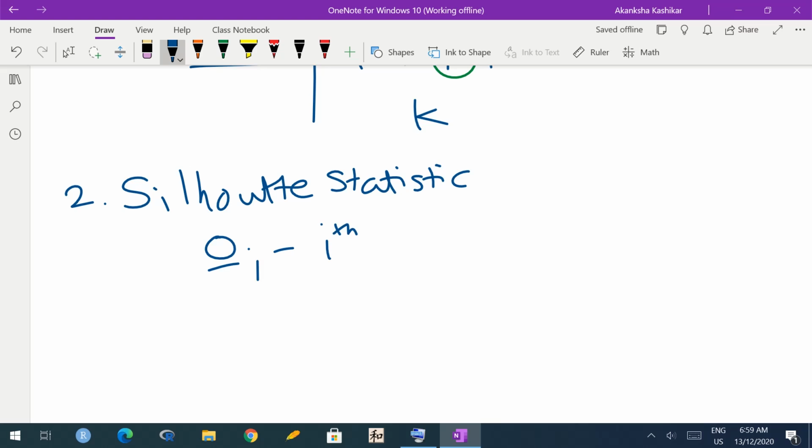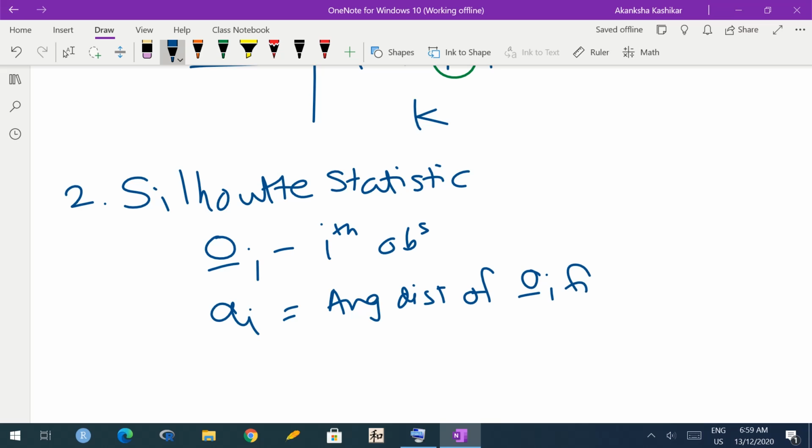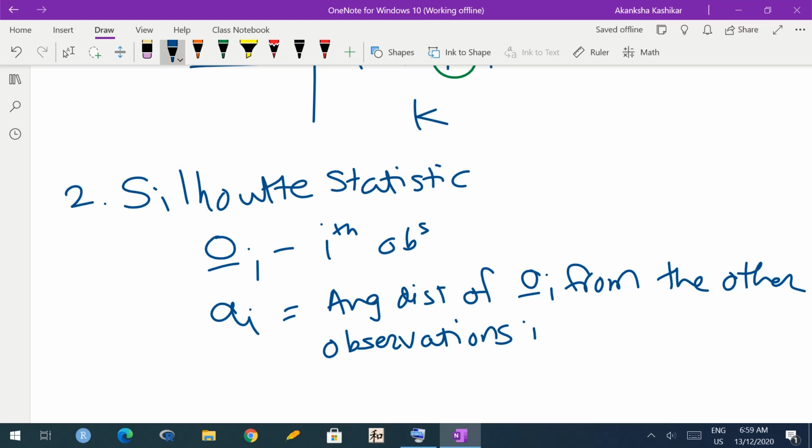So Oi is the ith observation, and let Ai be the average distance of Oi from the other observations in its own cluster.